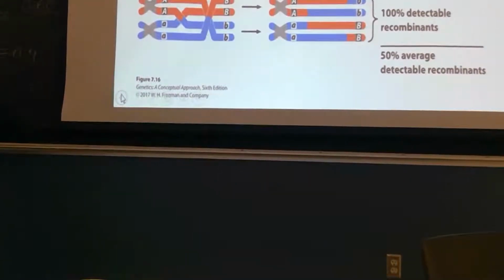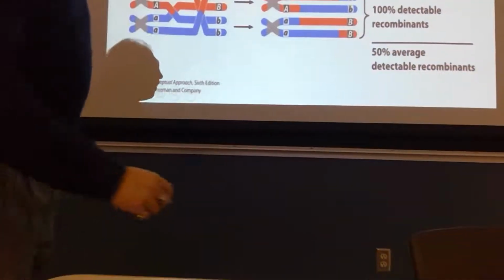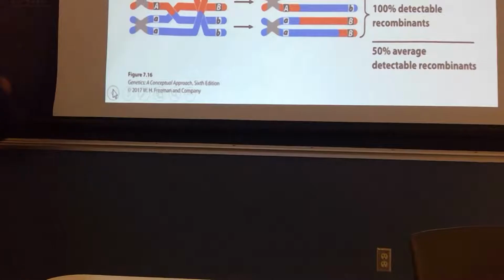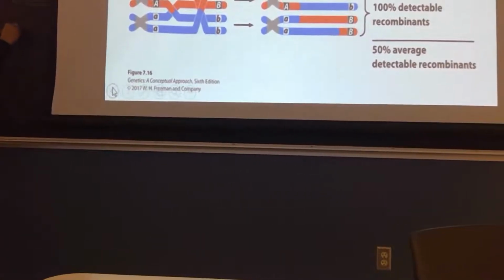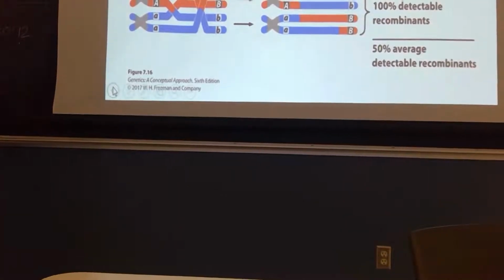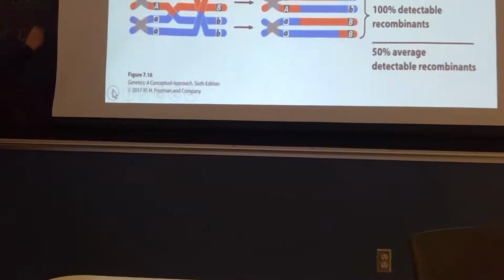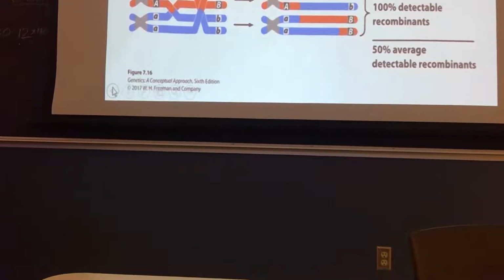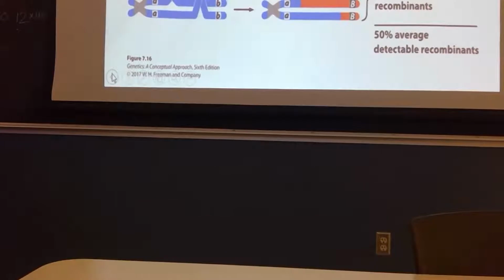What is the probability of expected DCO? 0.05 times 0.12, and the total number of progeny was 1800. What is the number? 10.8. This is the expected total number.